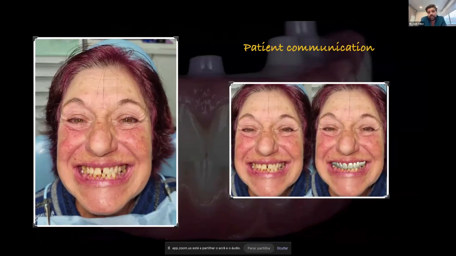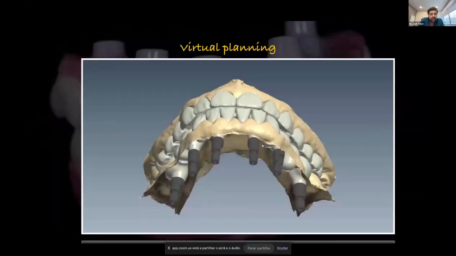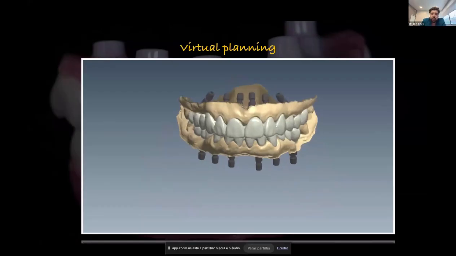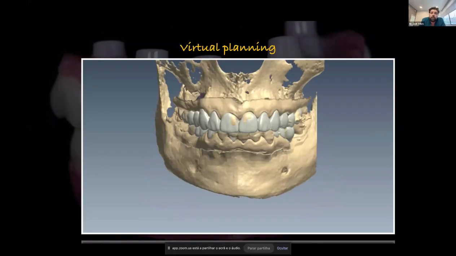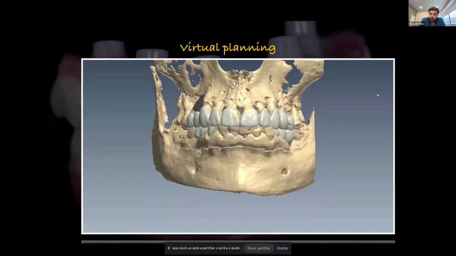And the first communication is easy because with pictures, you can immediately start showing the patient a preview of what you want to achieve. And then with the combination of the DICOMs and the STL files from the intraoral scanner and the CT machine, you can make your surgical planning, but also your prosthetic planning.